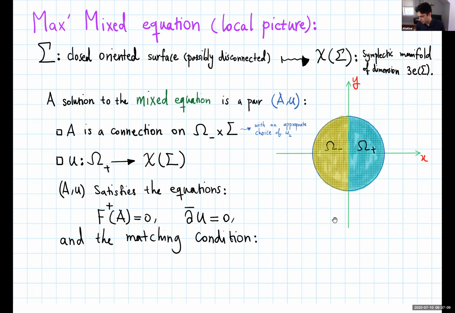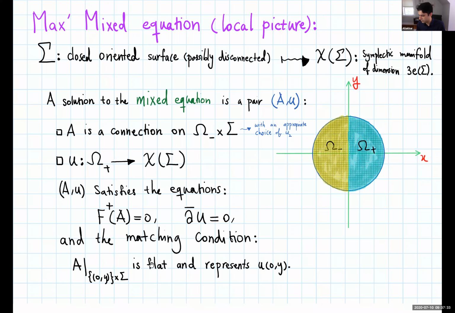But the important condition for these two guys is some compatibility condition along the y-axis here, which is called the matching condition. So for each point on the y-axis, on the boundary of omega plus, omega minus, this connection A, if you restrict the connection to that point times sigma, is supposed to be a flat connection on sigma.